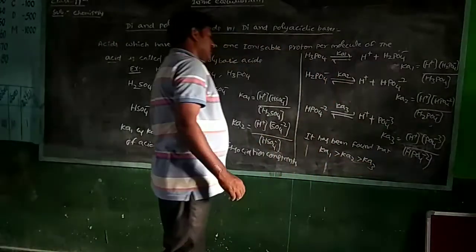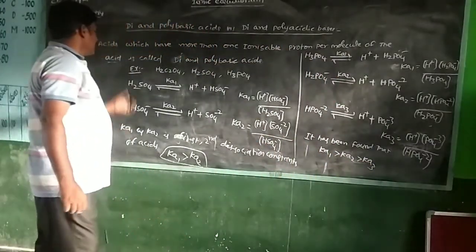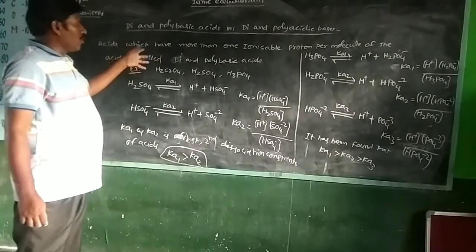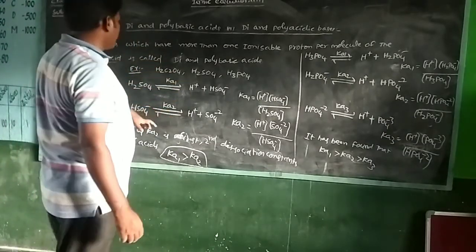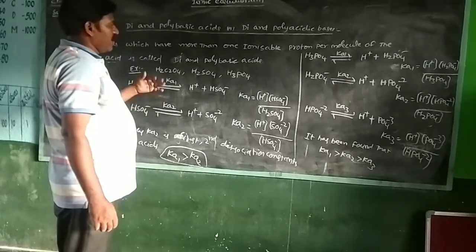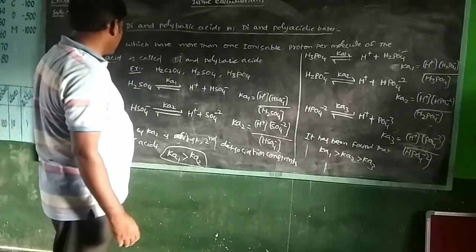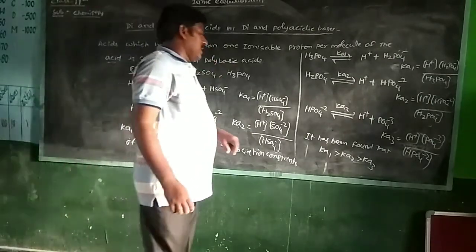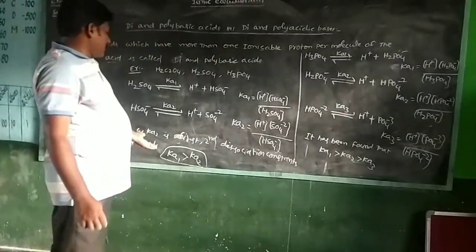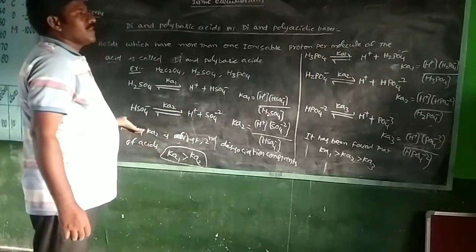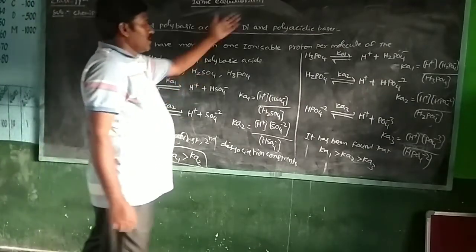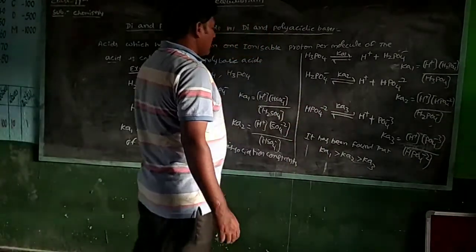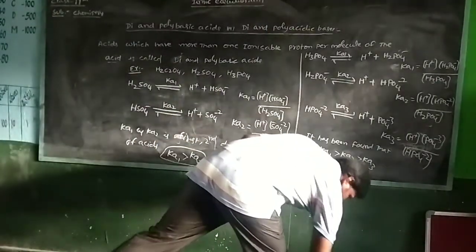Acids which have more than one ionizable proton per molecule are called di and polybasic acids. In dibasic acids, Ka1 is greater than Ka2. In H3PO4, Ka1 is greater than Ka2 greater than Ka3.